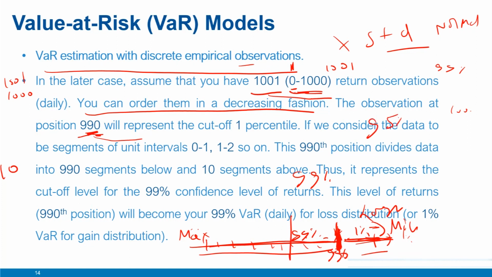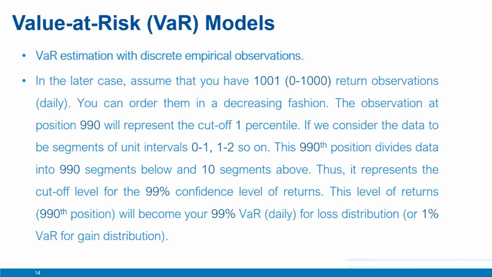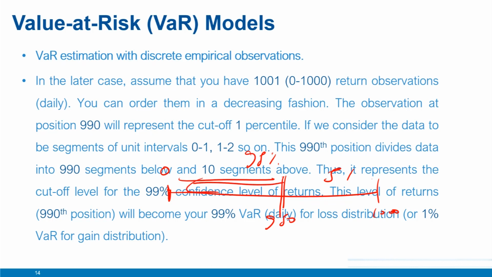Then I can use observation number 950 as the 95% cutoff, because this 950th observation, starting from 0 to 1000, will distribute this segment into 95% length here and 5% here. So this becomes my 95% cutoff. That means 95% of the observations are on the left, and these are the 5% extreme loss observations. So I can say with 95% confidence that this will be my maximum loss.